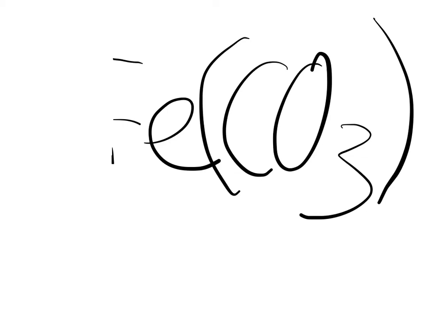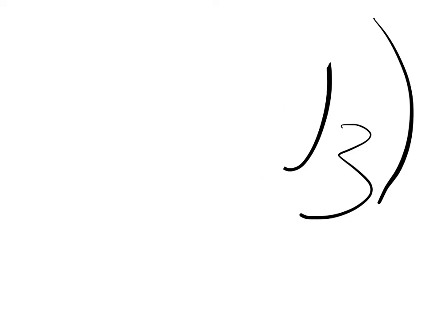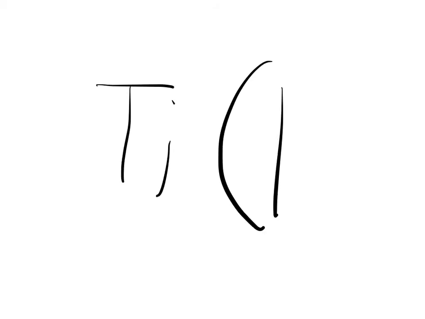But let's see what happens if it's not already balanced, and we have to balance it ourselves. For example, we could have titanium 1. And then, in addition to titanium 1, we could have phosphate.